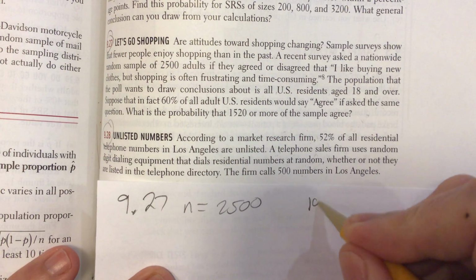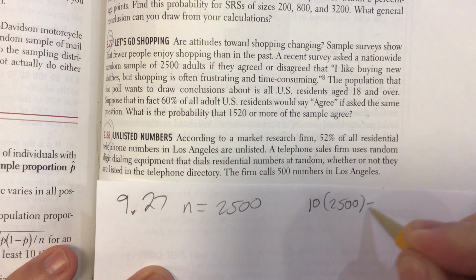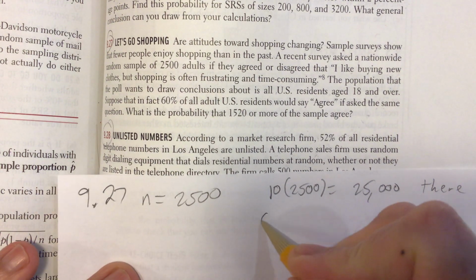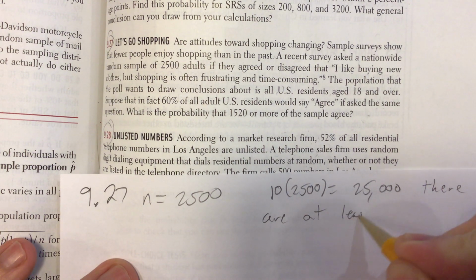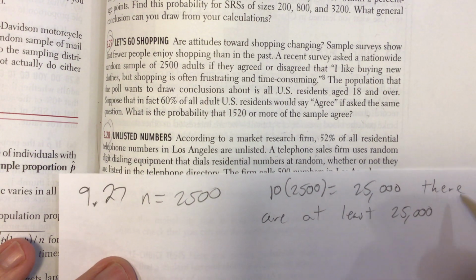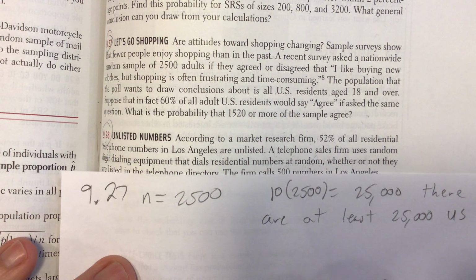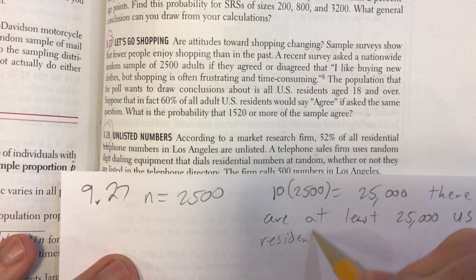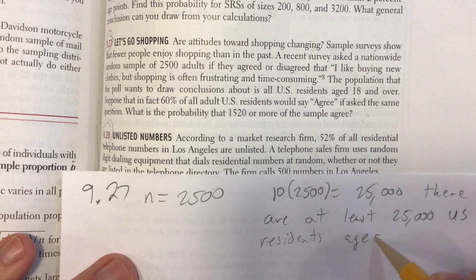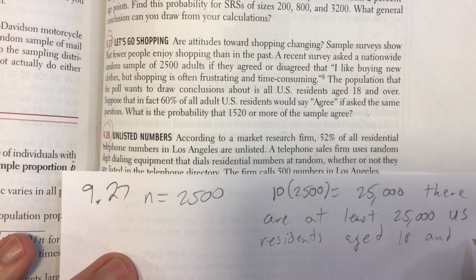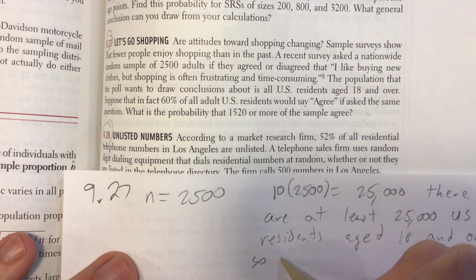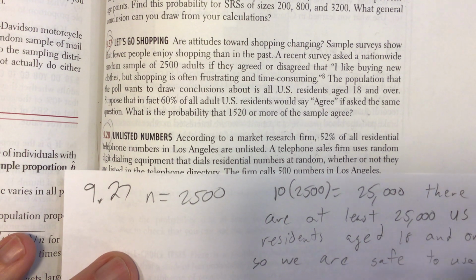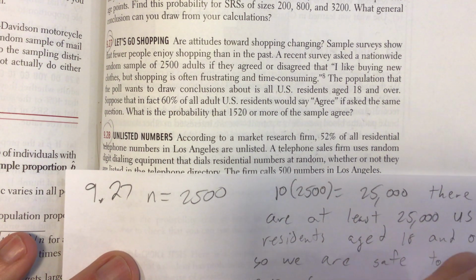So there are at least 25,000 U.S. residents aged 18 and over, so we are safe to use our standard deviation formula.